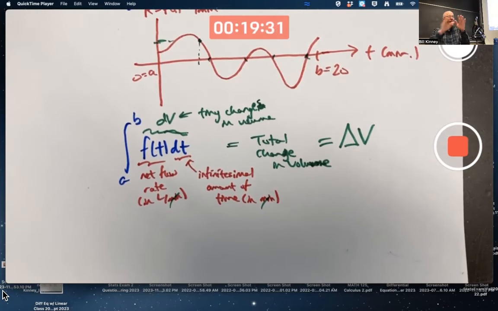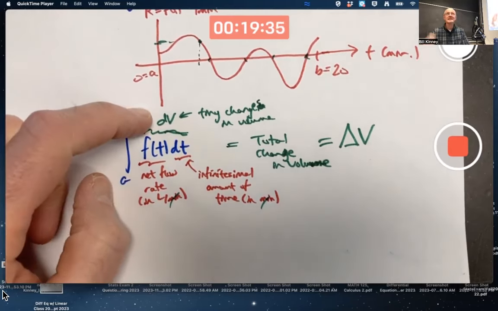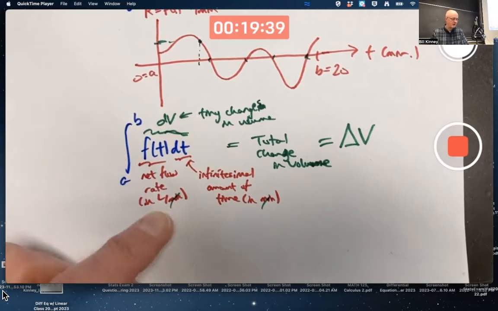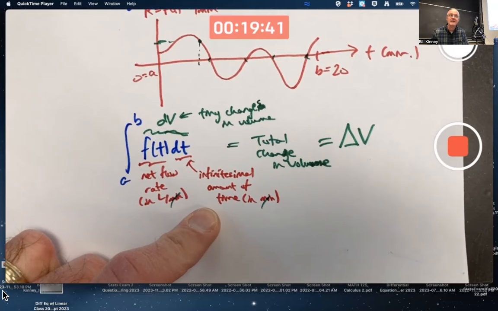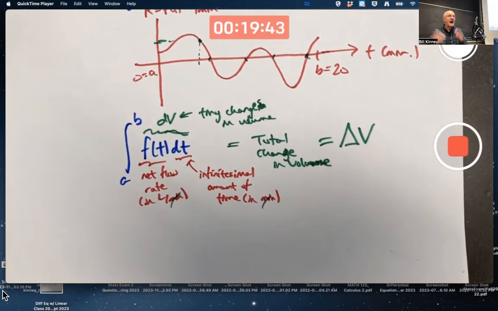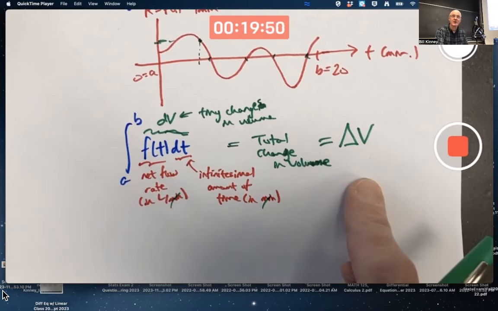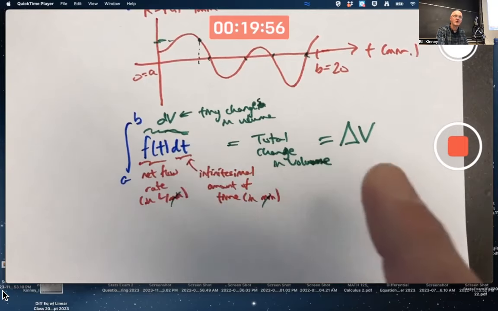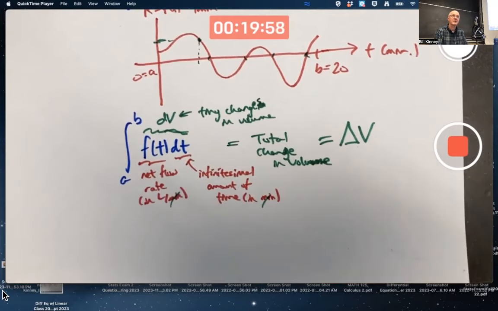Here, at least, I can't speak for science authors, dV is a tiny change in volume, an infinitesimal change in volume over an infinitesimal amount of time elapsed. Delta V is not infinitesimal. It's an ordinary number amount of change of volume, though it could be positive or it could be negative. Sum up the little changes in volume, you get the total change in volume. That's the fundamental theorem of calculus.